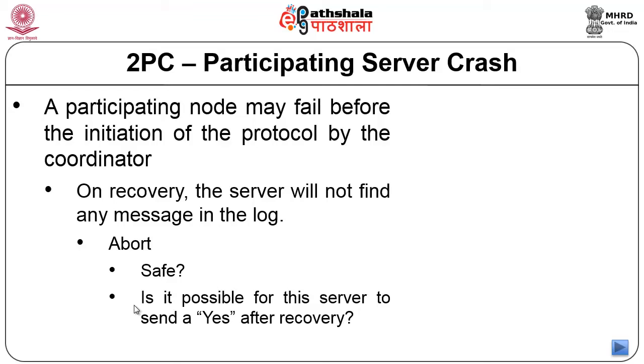This one particular server being crashed, it will not get the response from all n participating servers, and if it times out on even one participating server not responding, then in a two-phase commit, the coordinator takes an abort decision. So, the server that didn't receive a can commit, therefore, did not take a decision on yes or no, when it comes back up, it can without any problem safely abort.